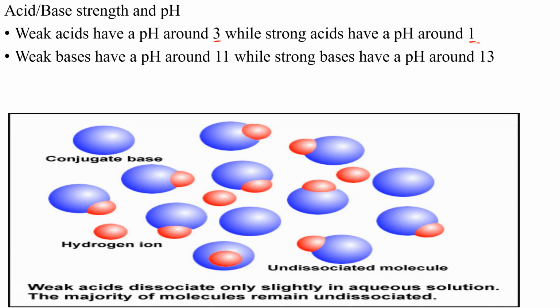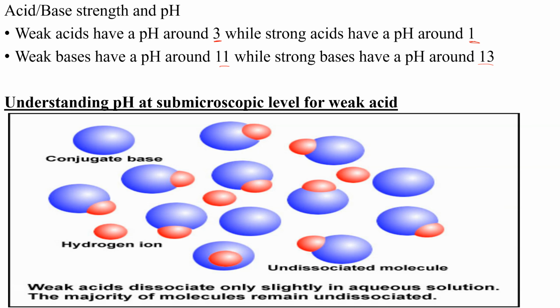Weak bases have a pH around 11, while strong bases have a pH around 13. So you can see the division is basically two numbers. 13 and above is considered really strong basic, and 11 or less is considered weak.